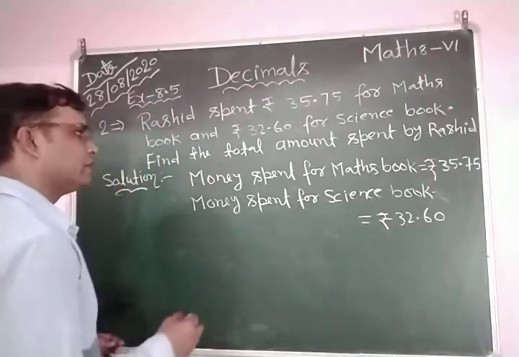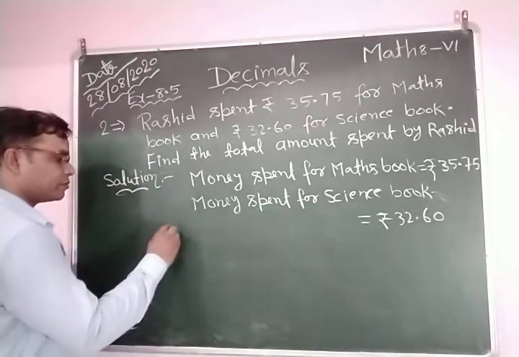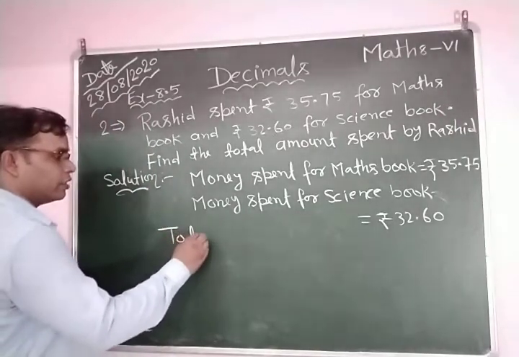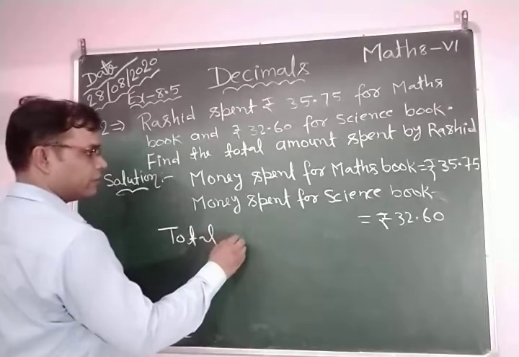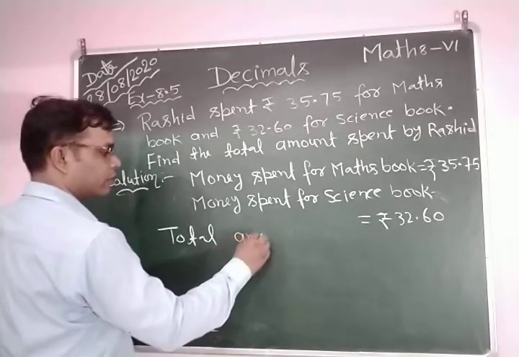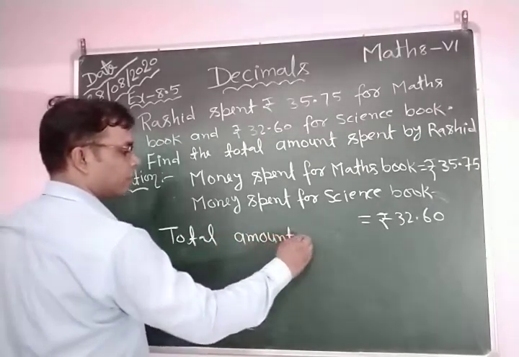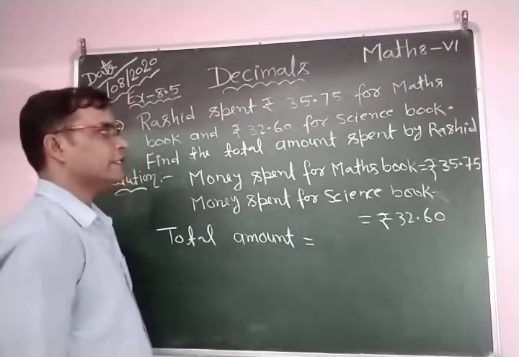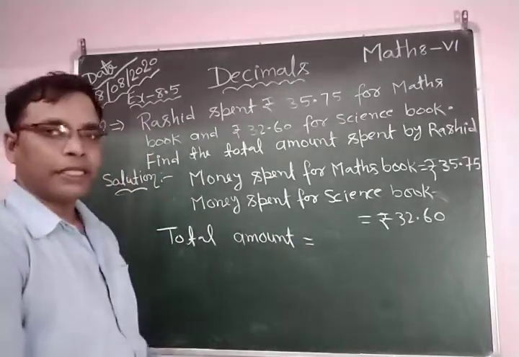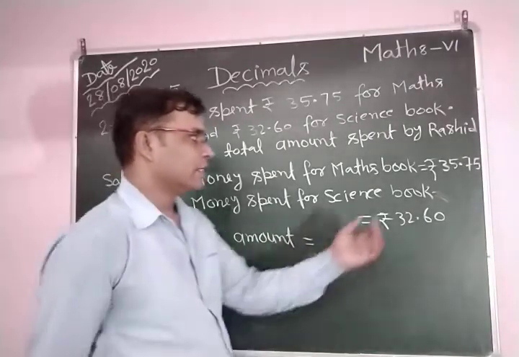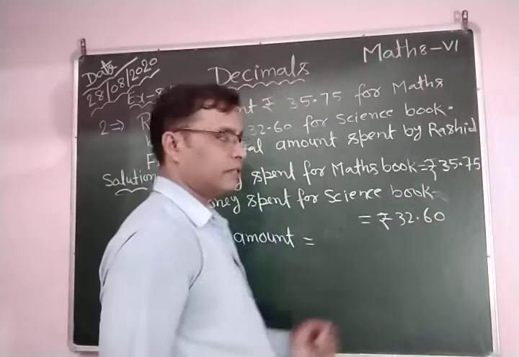Okay, so here you write total amount. Total amount spent by Rashid is equal to this amount plus this amount.